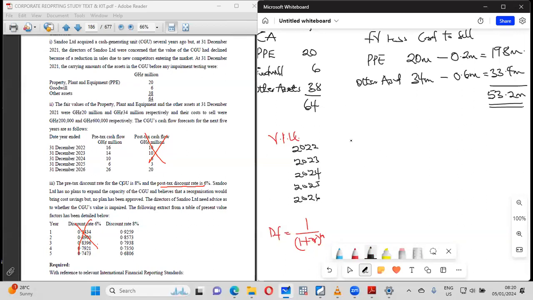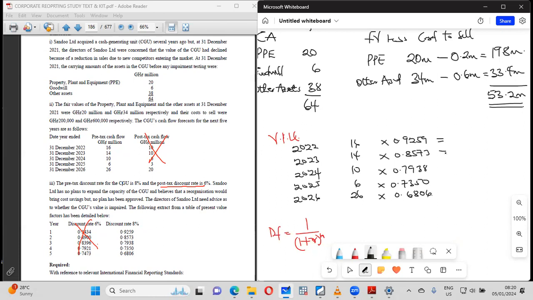All right, so here we have 16, 14 million, 10 million, 6 million, and 26. The discount factors we are using will be multiplied by 0.9259, 0.8573, 0.7938, 0.7350, and 0.6806.